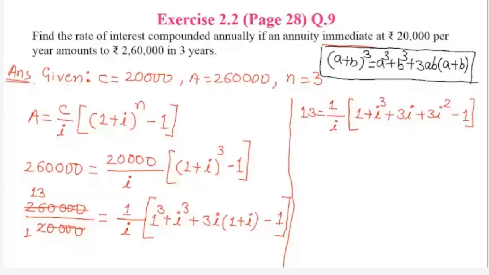Clear? Am I right? Now what will happen? This 1 and minus 1 get cancelled.